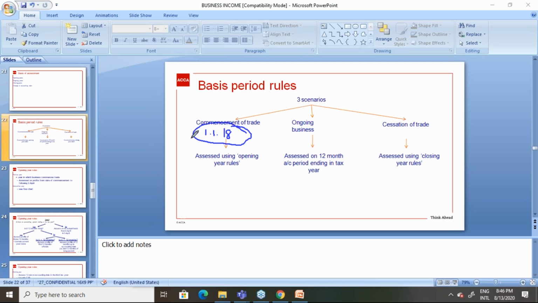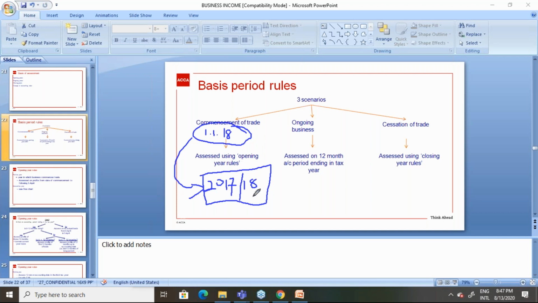Then you need to identify your first tax year by looking at the date of commencement. 1st of January falls into the tax year 2017-18. So the first tax year is 2017-18.